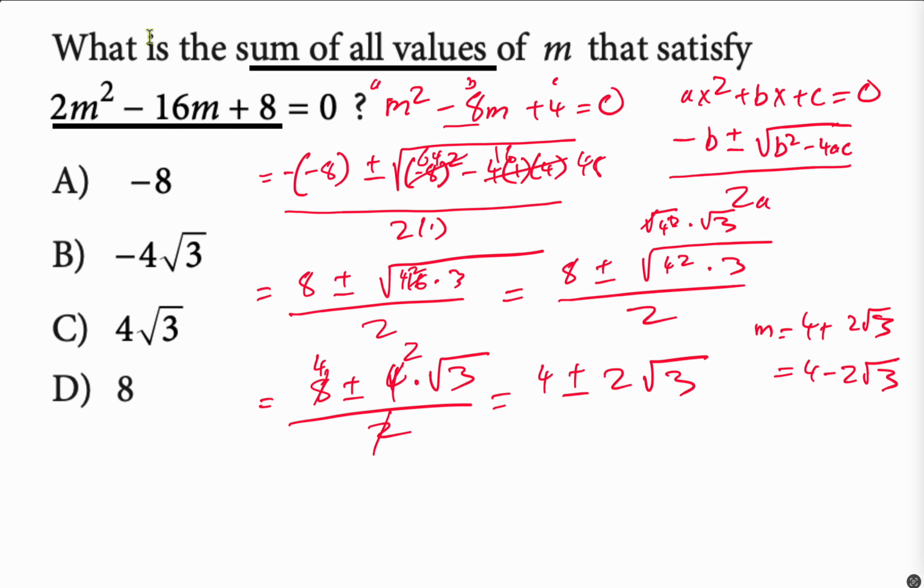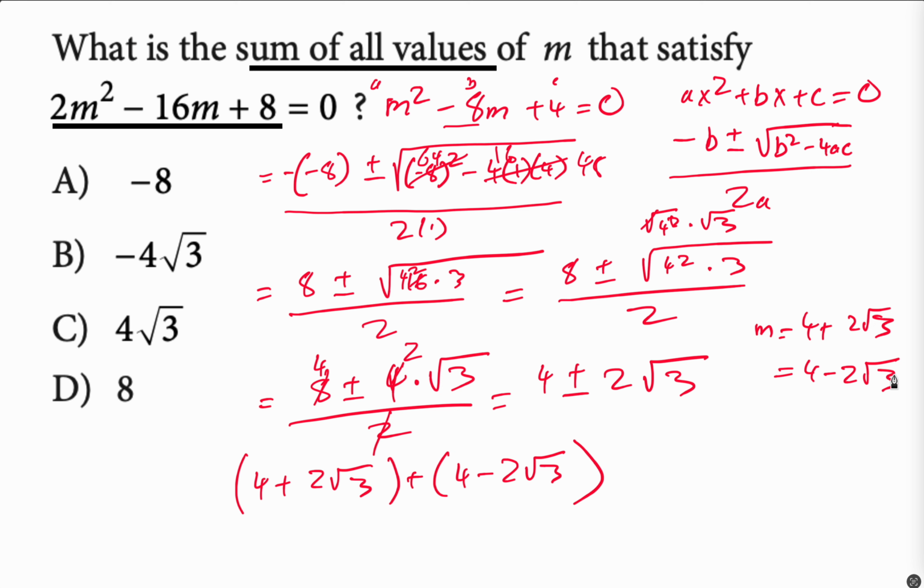The question here is the sum of all the values. These are the 2 possible answers for m, but that's not the question. The question is, what is the sum of all values? So basically we need to add them together. We have 4 plus 2 root 3, and then plus 4 minus 2 root 3.